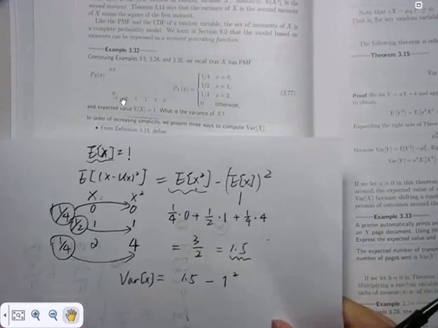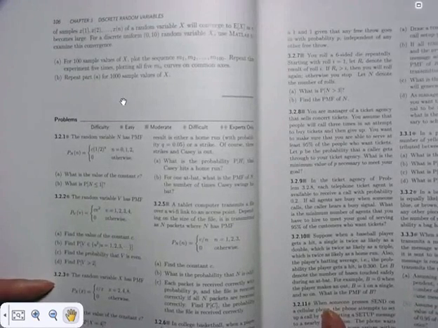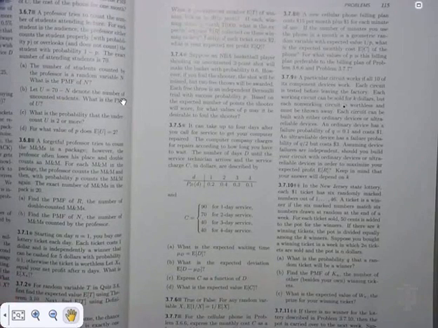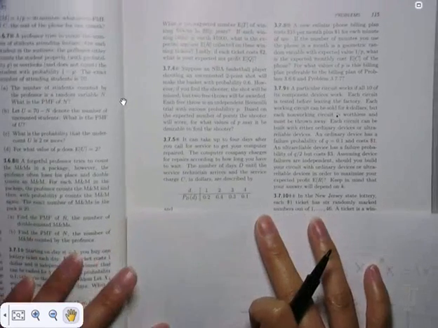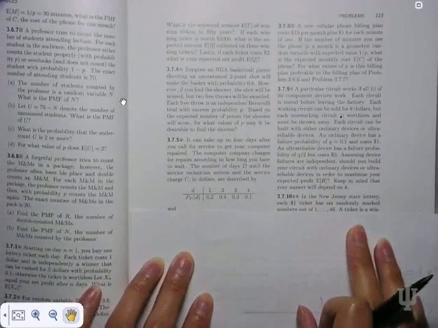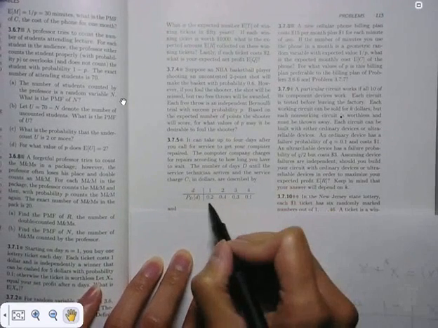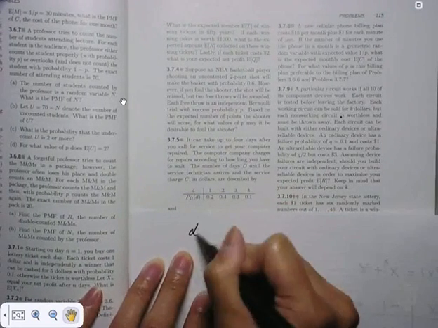We can do more examples, I think, just to practice. 3.10, page 115. You know all the probabilities for different d.